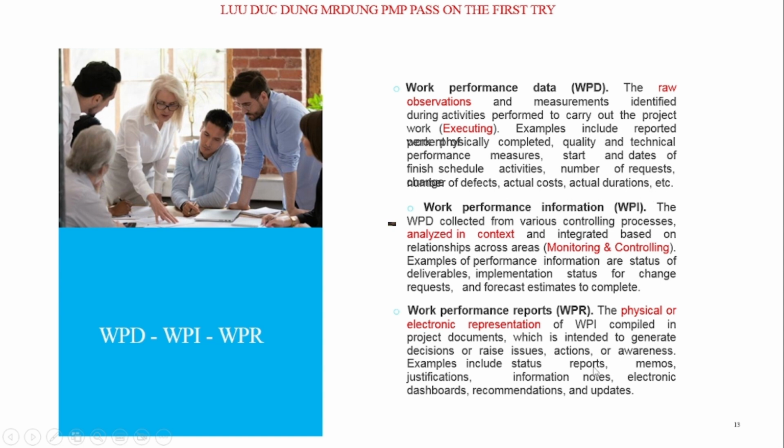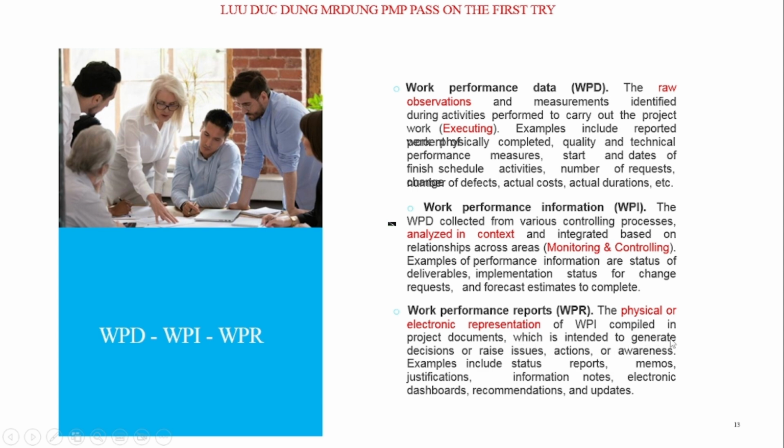That is the concept of work performance information. For the work performance report, after we collect the information, we have a report. Very simple. The physical or electronic representation of work performance information compiled in project documents. From the WPI information, we collect and compile, so we have a report. Very simple concept.